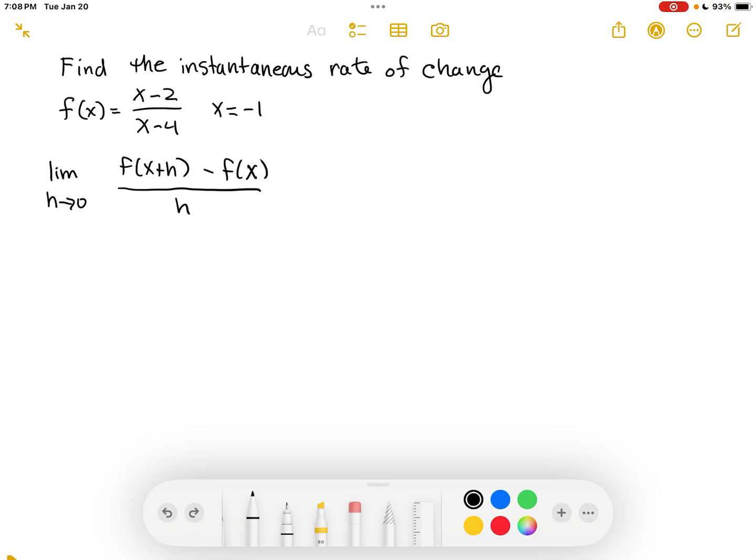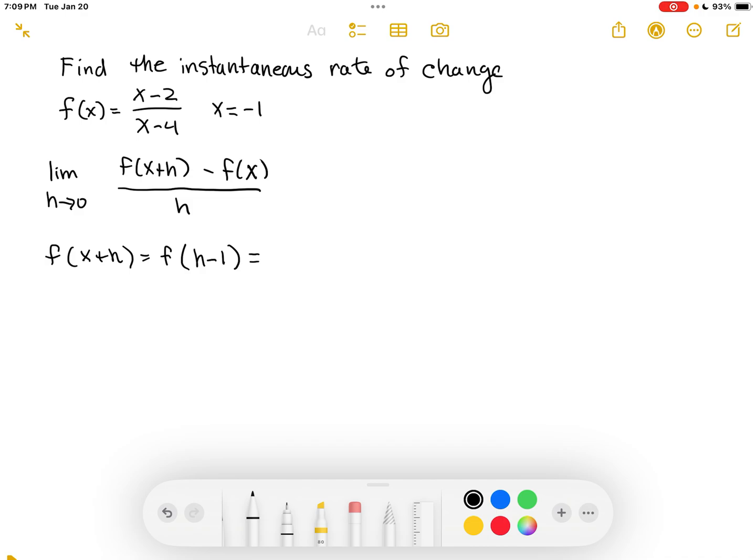So let's first find f(x + h). I'm going to substitute negative 1 in for the x. I'm going to write the h first because I like having my minuses to the right. So I'm going to rewrite this as h minus 1, because I plugged in negative 1 for x.